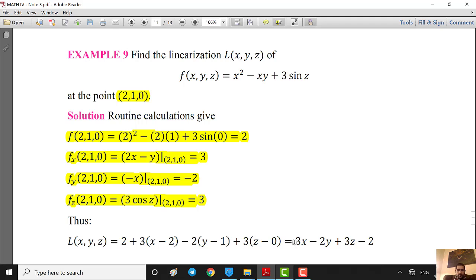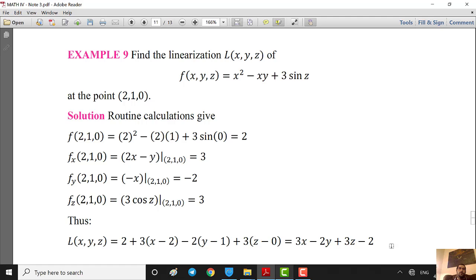So after simplifications, we reach this: 3x minus 2y plus 3z minus 2. It is good practice to do an exercise just like what we did in the first linearization example on your own.